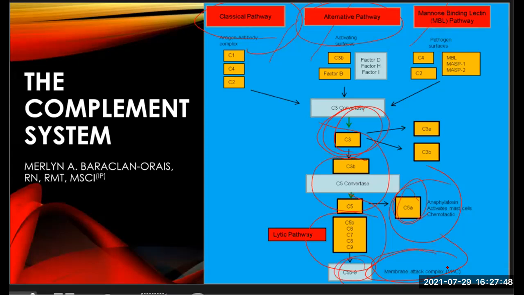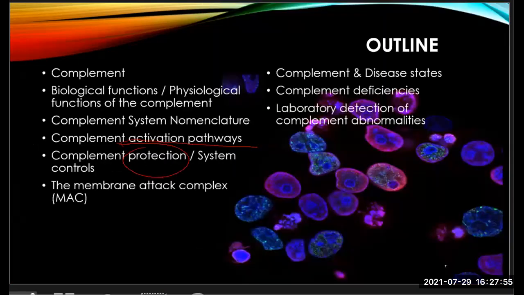So for the details that explain the hows and the whys of things, let's get started in the next slide with the outline. So this time we will cover the following. We will define what complement is, what the complement cascade system is, what the biological or physiological functions of the complement are, the nomenclature of the complement system, and the pathways.